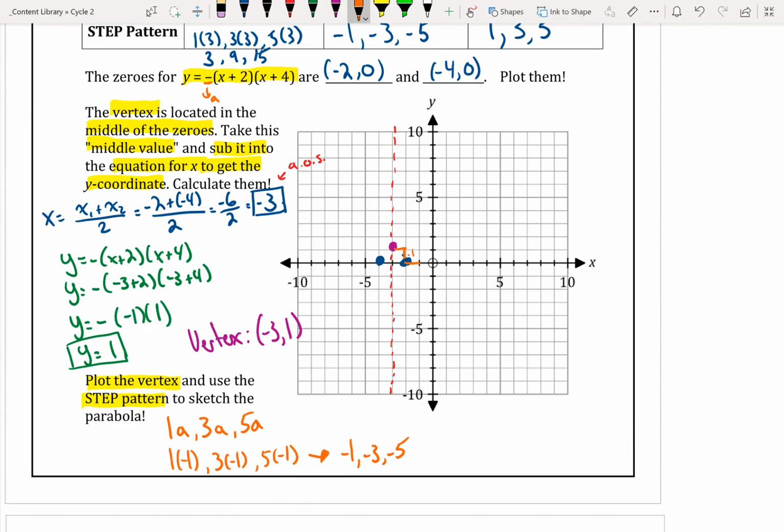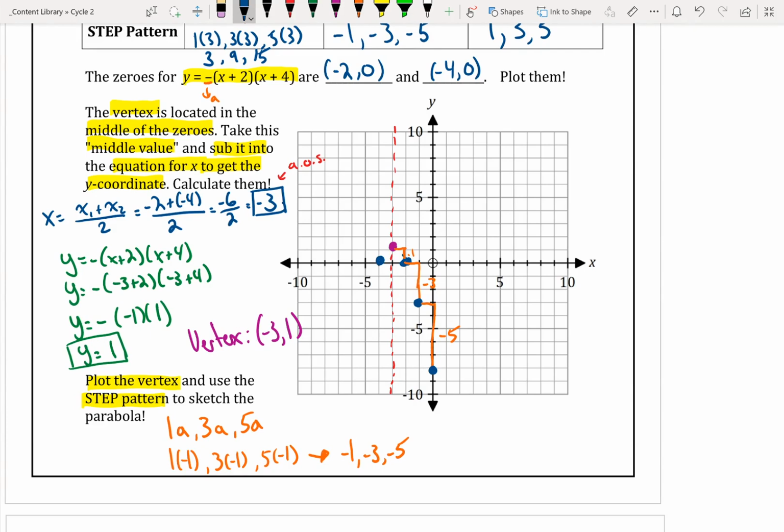Next point, I'm going to go over 1 again. So that was down negative 1, and now I'm going to go down 3. So 1, 2, 3. So that's down 3. I'm going to put another point there. I'm going to go over 1 again, and this time I'm going to go down 5. So 1, 2, 3, 4, 5. So I went down 5. There's my next point.